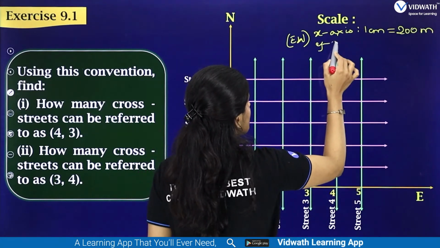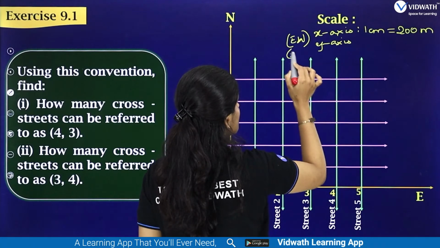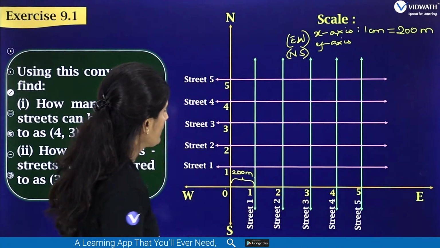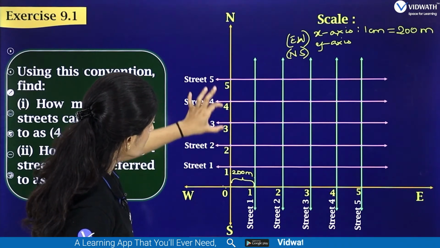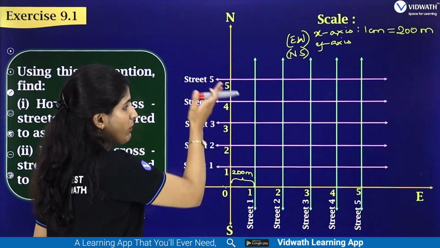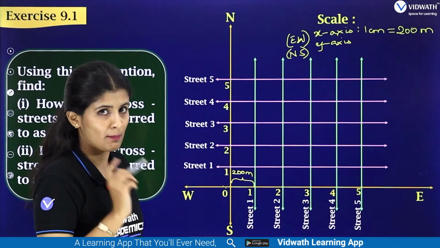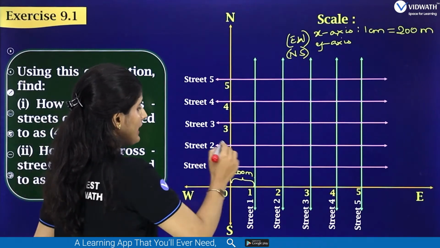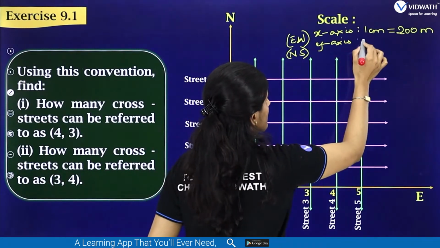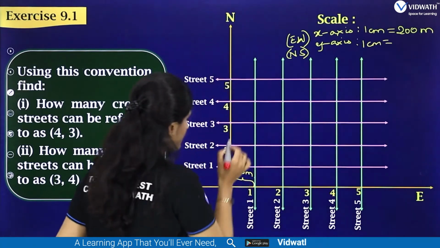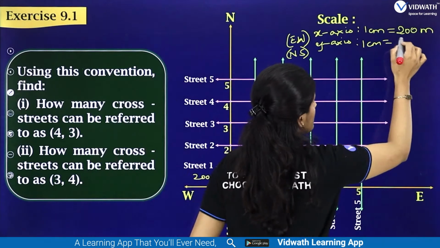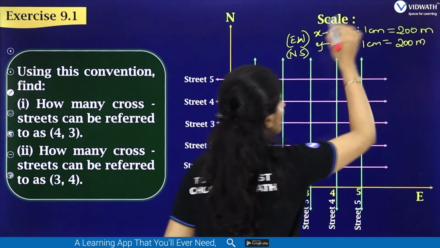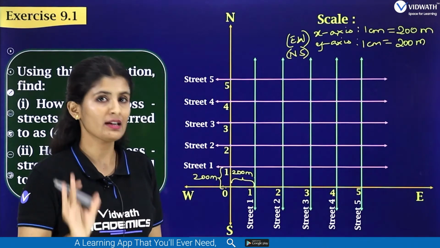Similarly, the scale on the y-axis, the north-south direction road, has points marked, and each of these points is 200 meters apart from each other. Therefore, each 1 centimeter is 200 meters. This is what is meant by the scale of a graph.